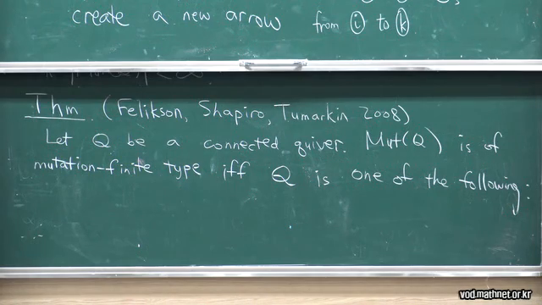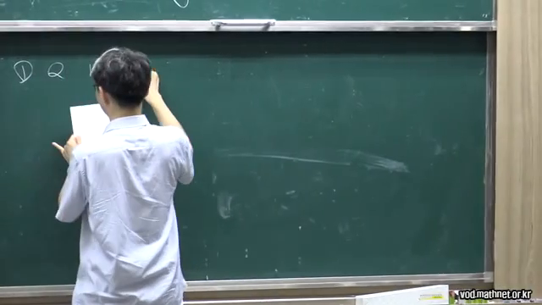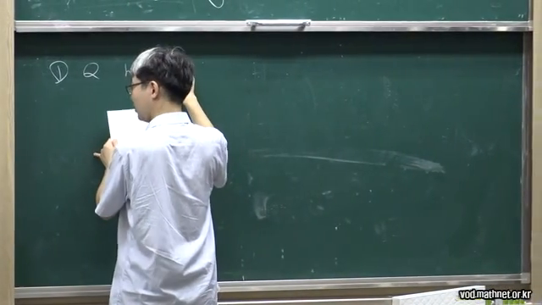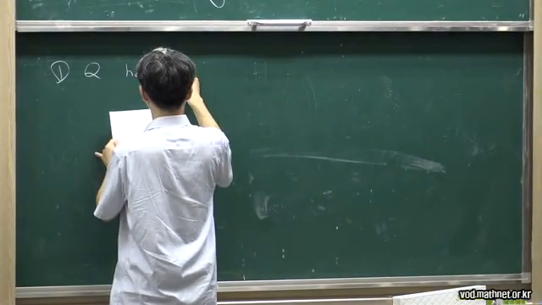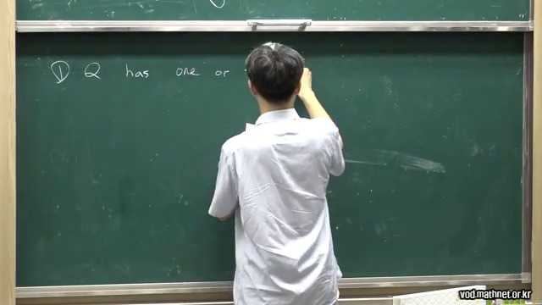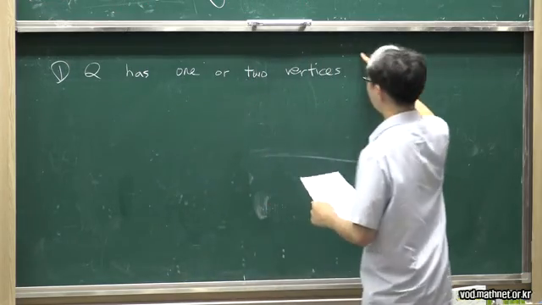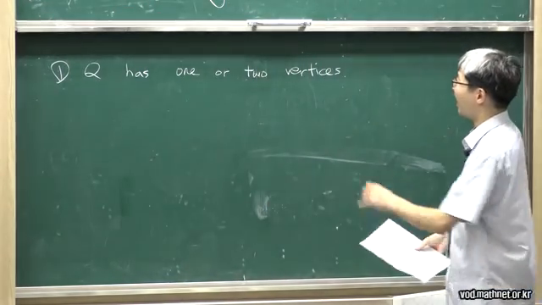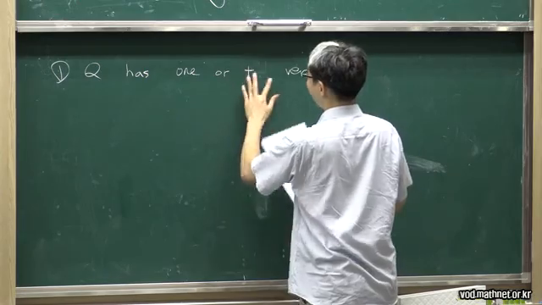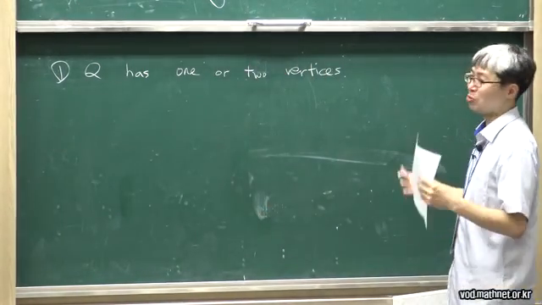First of all, the simple one is if there are few vertices, then we cannot do much.